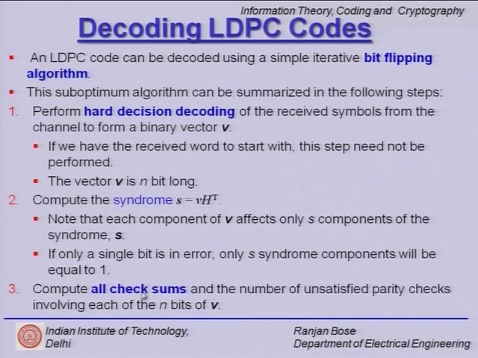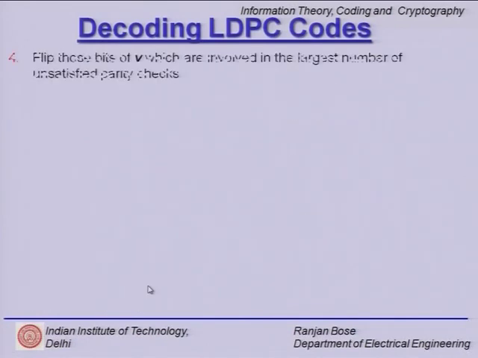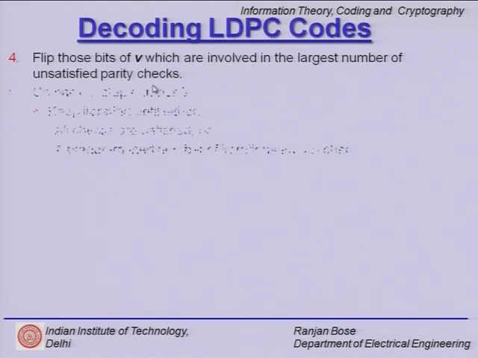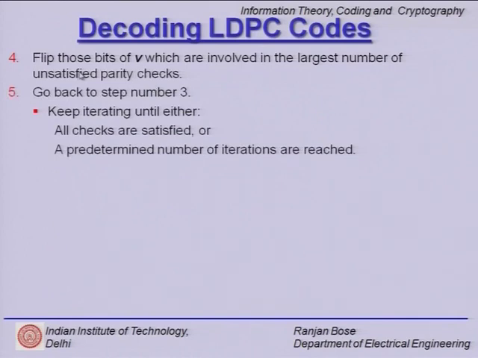So, now we compute all checksums and the number of unsatisfied parity checks involving each of the n bits of nu are figured out. So, what we do is, if S is non-zero, I start my action and I try to identify which of the elements of nu are leading to the unsatisfied parity checks. For those bits of nu which are involved in the largest number of unsatisfied parity checks, I flip them.